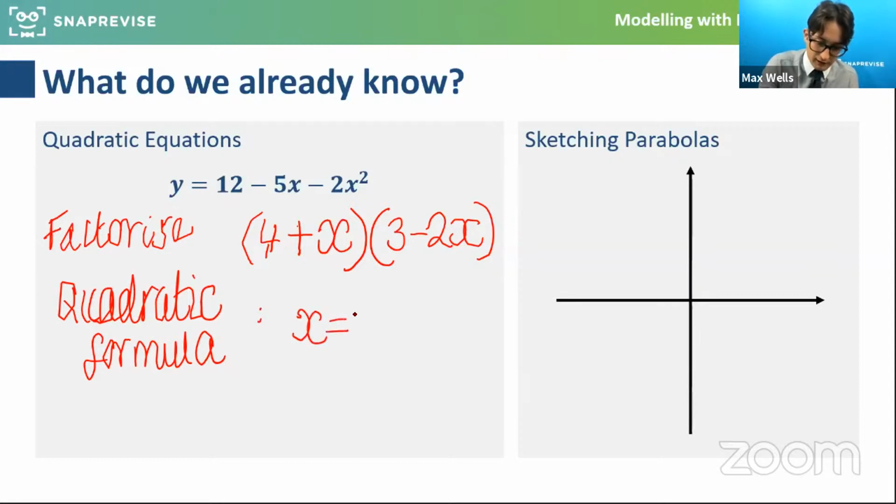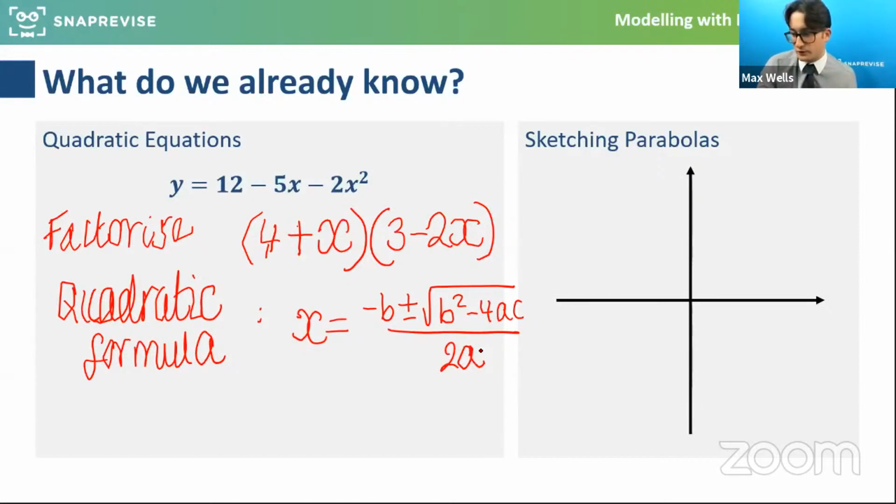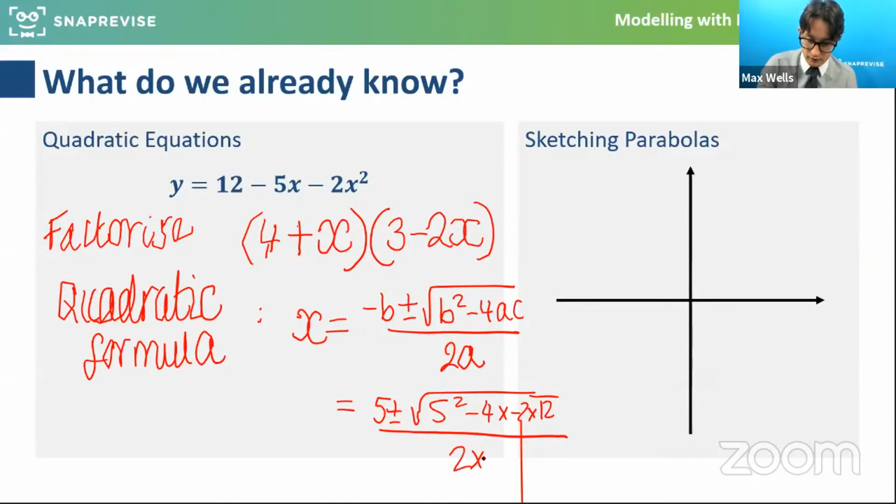But if not, you might recognize the quadratic formula from GCSE or previous studies of maths. So hopefully this is a little reminder, quadratic formula, which you could use. And for this scenario, that would give you 5 plus or minus the square root, 5 squared minus 4 times minus 2 times 12, all over 2 times minus 2, and your answers would come out.